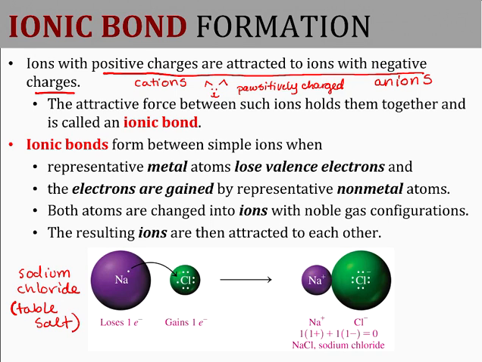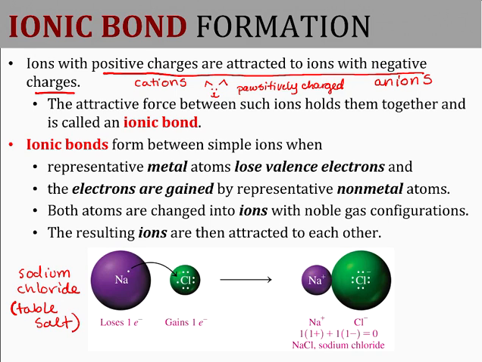And sodium, we saw last time, has 1 valence electron, and chlorine has 7 valence electrons. So sodium wants to lose its outer valence electron in order to become like a noble gas, and chlorine, we saw, wants to gain 1 electron so that it has 8 electrons like a noble gas.